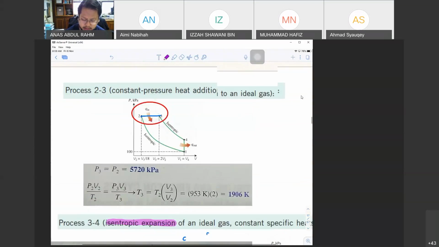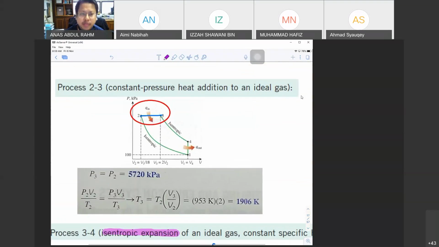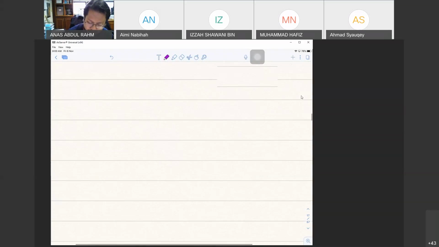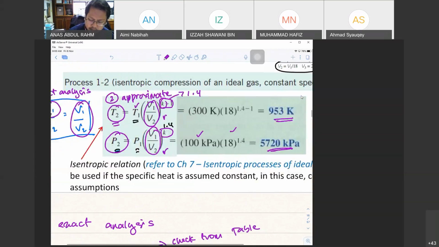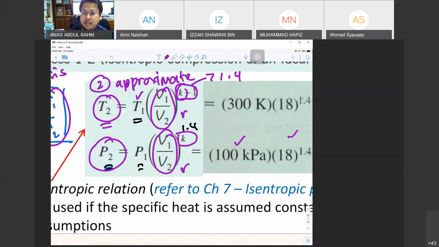So the next process, 2 to 3, is a constant pressure heat addition. Remember, this is not an isentropic process, so you cannot use the isentropic equation. The isentropic equations are basically VR, PR, and then the approximate analysis, V1 divided by V2. These are all isentropic equations.